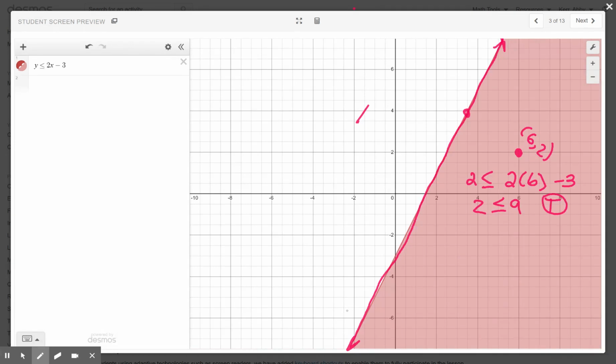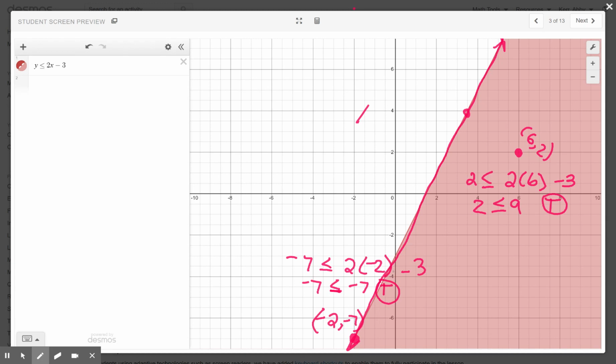Which ordered pair would work? This ordered pair is -2, -7. If we plug this ordered pair in, we would have -7 less than or equal to 2 times -2 minus 3. So 2 times -2 is -4, minus 3 is -7. Yes, because of this equal sign, that's a true statement.